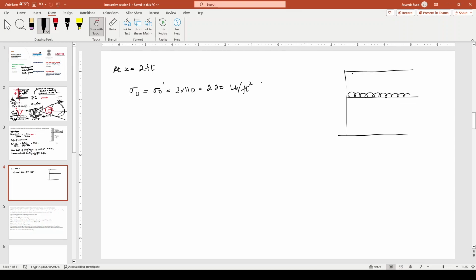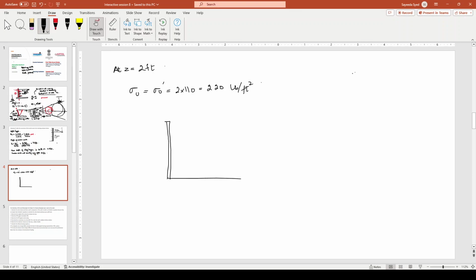So what we do is we convert this weight, because it is not showing any resistance, it is not of our use in the resistance diagram, but it still has some weight.